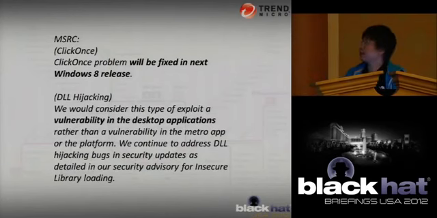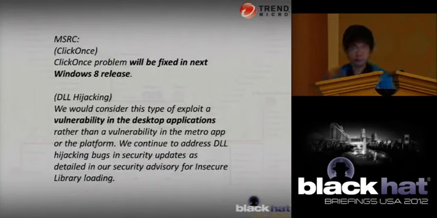And for DLL hijacking, they say, well, we will consider this type of exploit a vulnerability in the desktop application rather than a vulnerability in the MetroStar app or the platform. So we continue to address DLL hijacking bugs in security updates as detailed in our security advisory for insecure library loading. Yeah, so they keep investigating this and fix the problem.